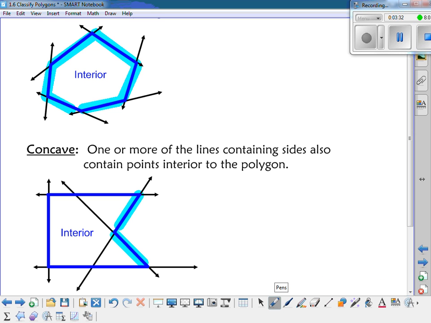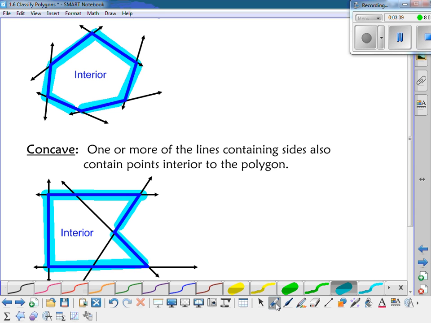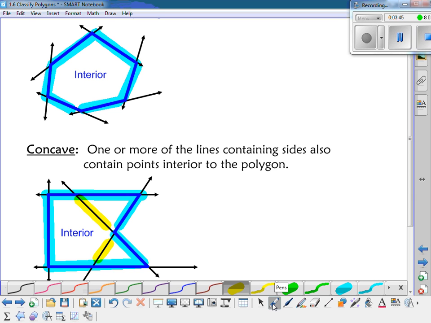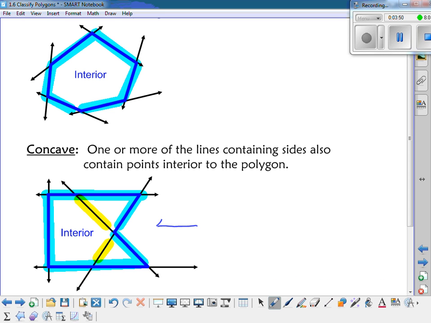So if this is my polygon in blue here, you can see that 2 of the sides, when I extend their lines, they end up crossing inside, and so therefore it is concave. An easy way to think of it and to remember it is that essentially one side is caved in.